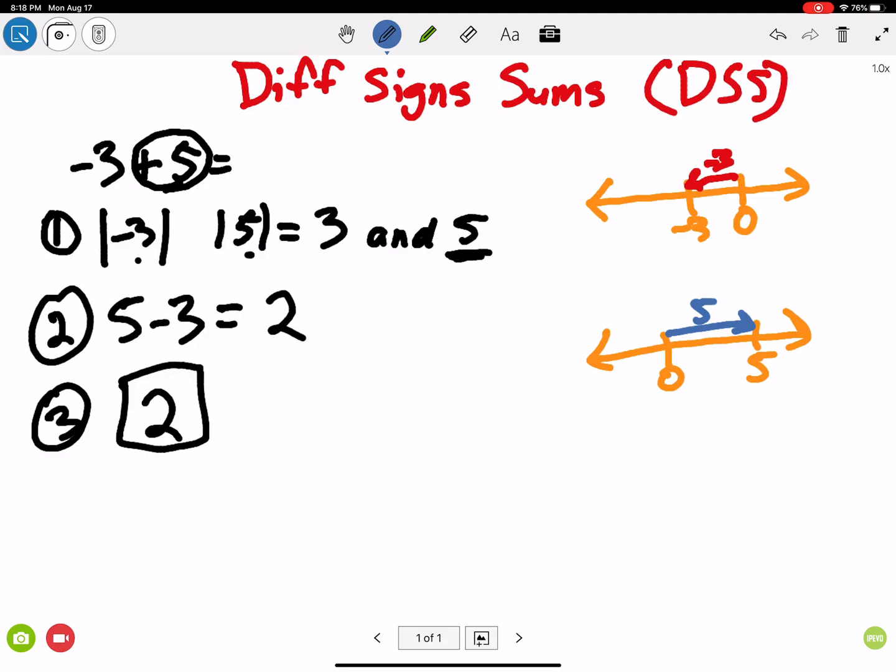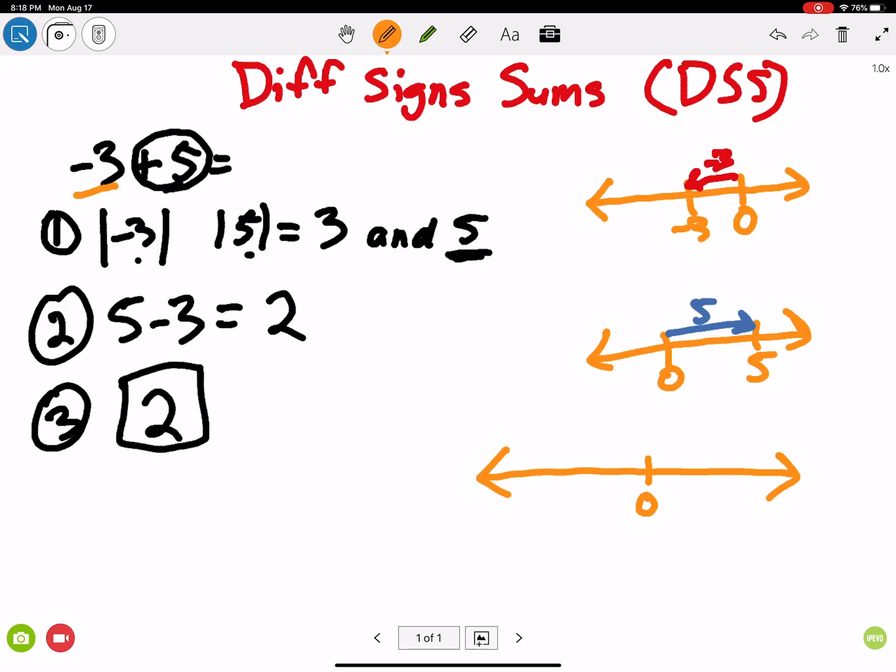Let's think about what's going on. Let's make this number line. We're doing the same exact problem, but with a number line this time. Here's 0. Let's look at the problem again. It says -3.